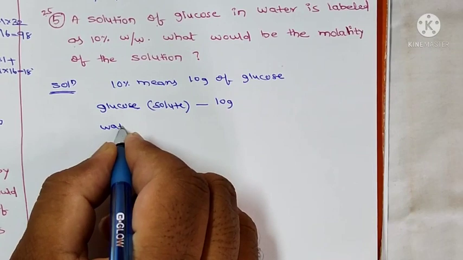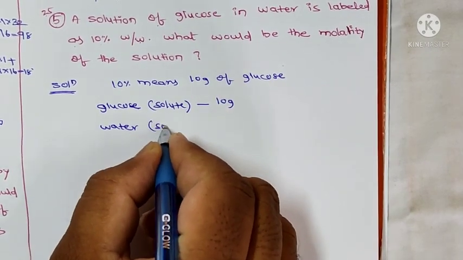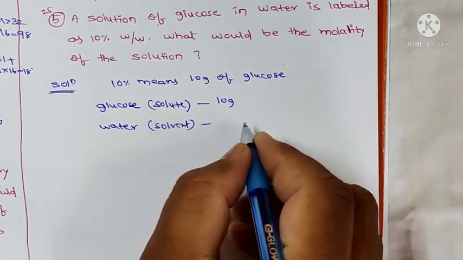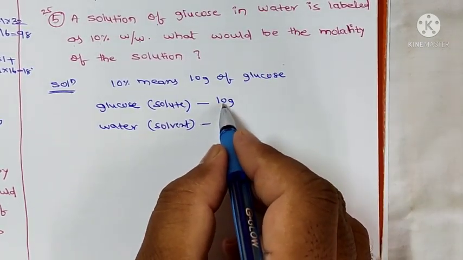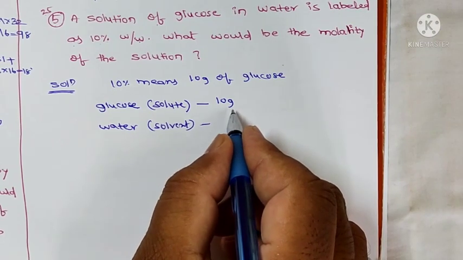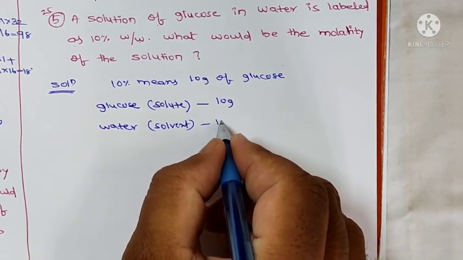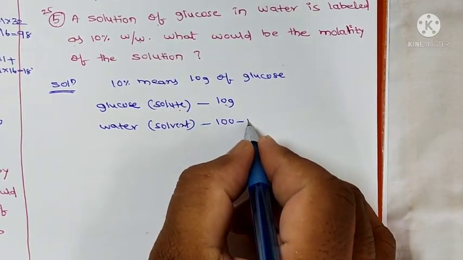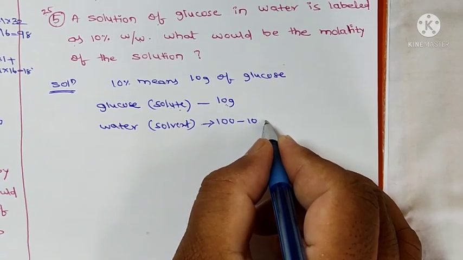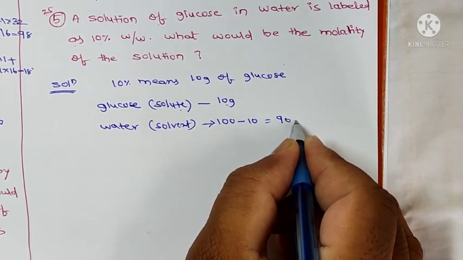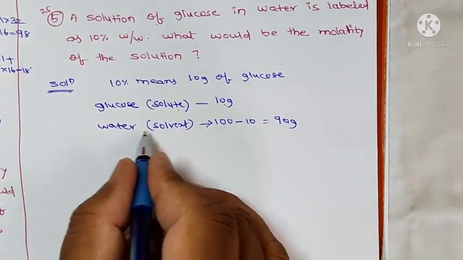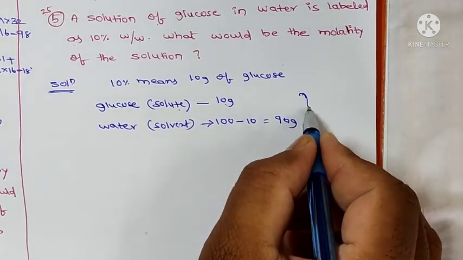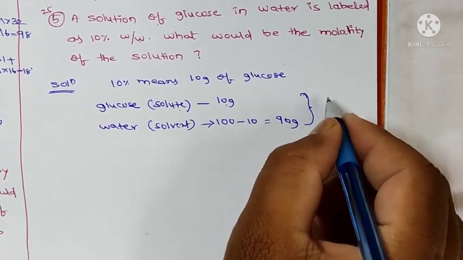And the water is the solvent, and its mass is 100 minus 10. The total mass of solution is 100 grams, minus the solute mass 10, then we'll get 90 grams. So 90 grams of solvent, and the total solution mass is 100 grams.